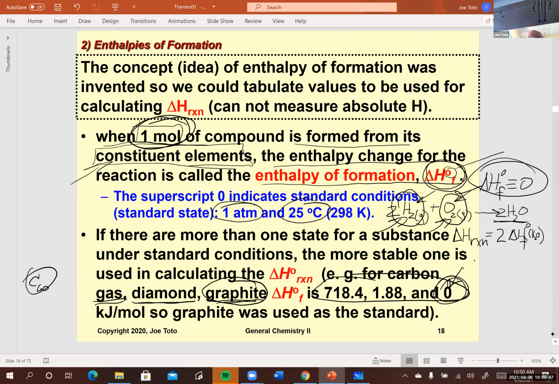It's kind of hinted towards here for carbon, since graphite has the least amount of energy compared to the others. We define that one as zero, but all the other guys that exist in their standard states also are defined to have a delta H of formation of zero when it's in the elemental form.